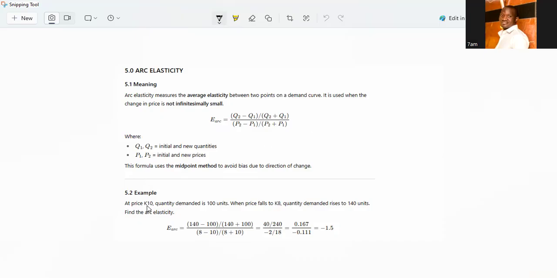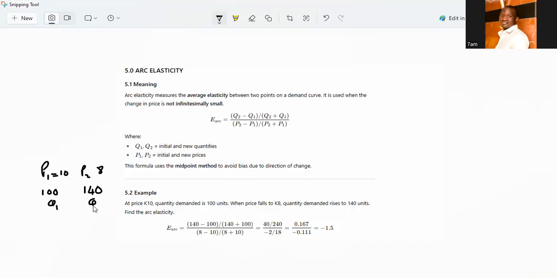In this case, if the price P1 is 10 kwacha, it falls to P2, which is 8 kwacha, causing a change in quantity demanded from 100 units to 140 units. Meaning if the price reduces from 10 to 8 kwacha, people demand more goods, from 100 units to 140 units.